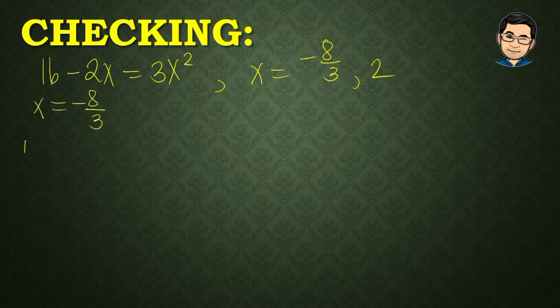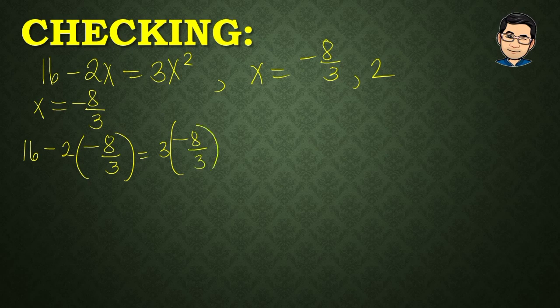So, 16 minus 2 times negative 8 over 3 equals 3 times negative 8 all over 3 squared. 16 tapos minus 2 times negative 8, that will become 16 all over 3 equals 3 times, what is the square of negative 8 over 3? That is 64 over 9.